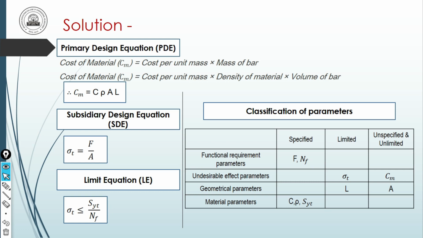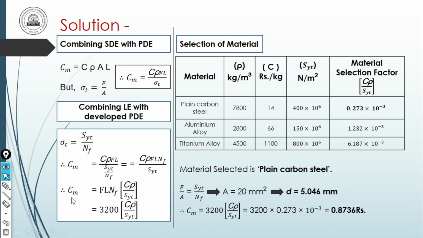Then we'll substitute these values in equations. Now our next step is we have to combine the subsidiary design equation with PDE, that is primary design equation. Now here we know that Cm is written as C into rho into A into L, but area can be found out using sigma T, which is nothing but F by A. So we can write down Cm as C into rho into F into L upon sigma T. Now this is nothing but eliminating the undesirable parameter.